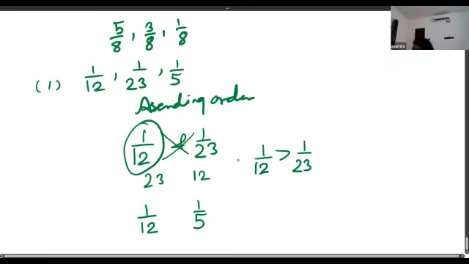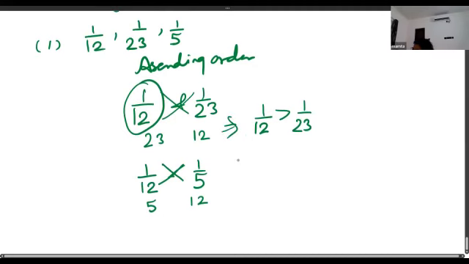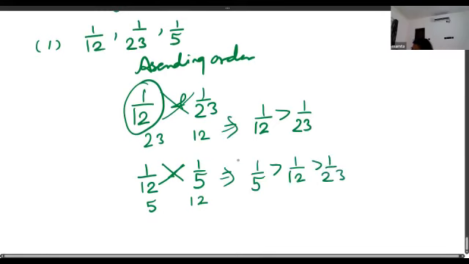Which number is larger? 5 and 12. 1 by 5 is larger than 1 by 12. And 1 by 12 is larger than 1 by 23. So which number is larger? 1 by 5, then 1 by 12, then 1 by 23. Understood, children?